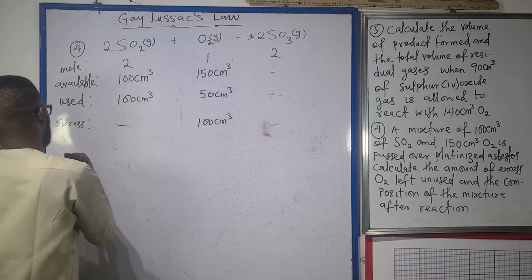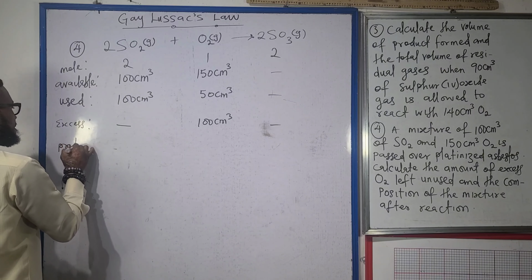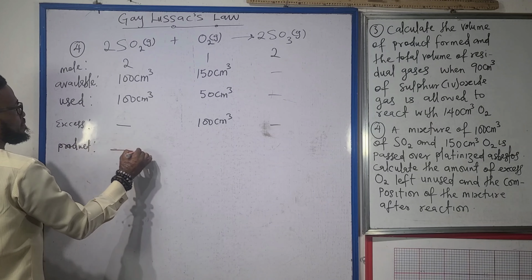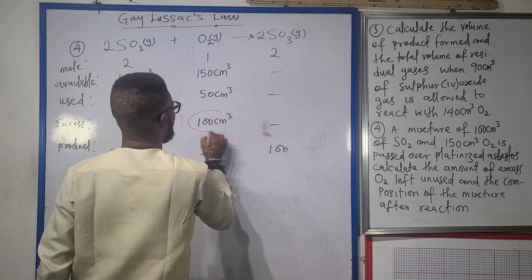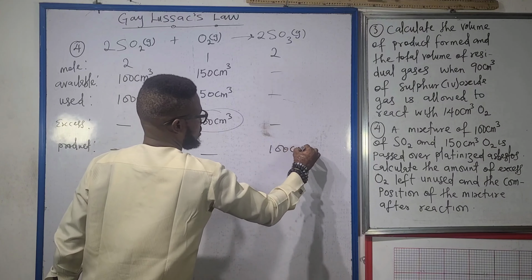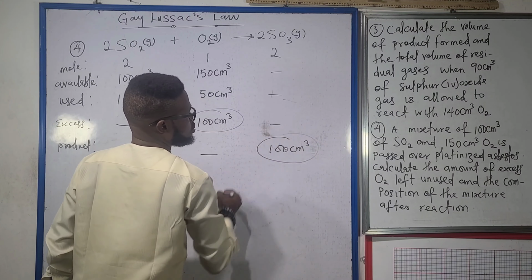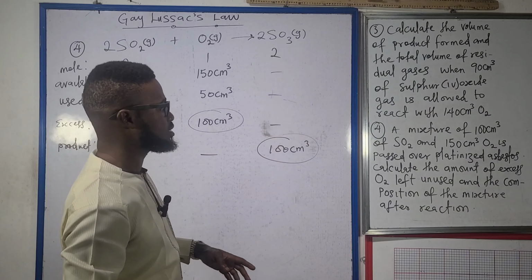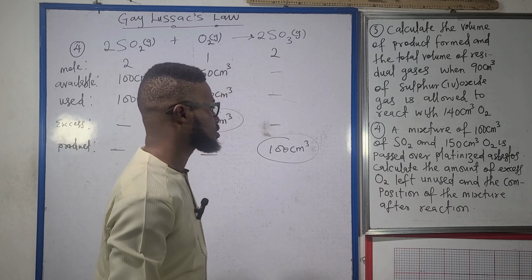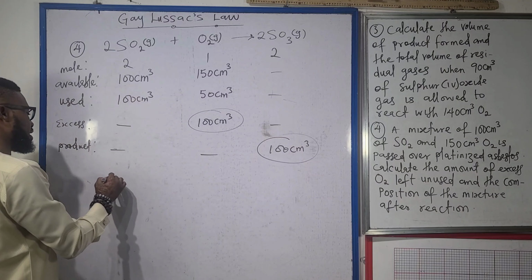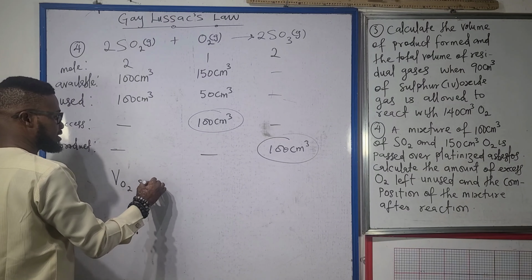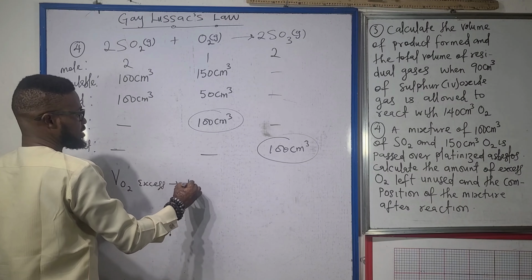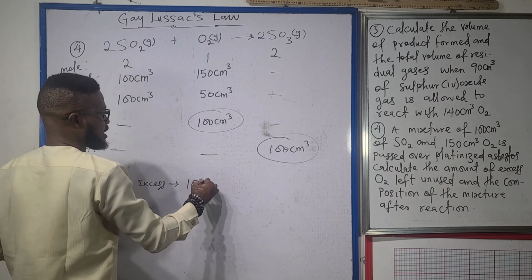And when you talk about your products, your product is 100 cm³ as well. So the question says calculate the amount of excess oxygen left unused. The excess volume of oxygen left unused is 100 cm³.